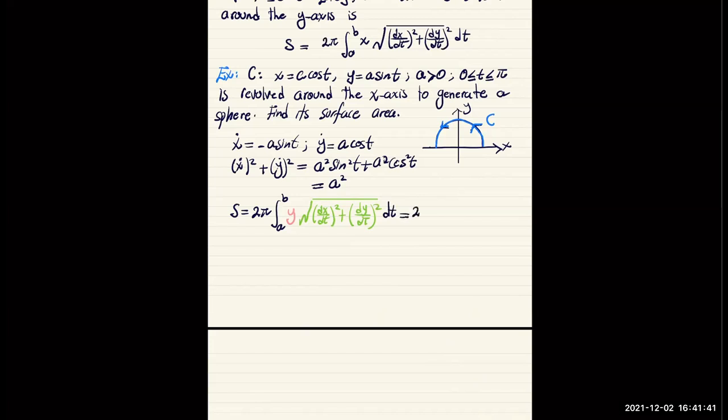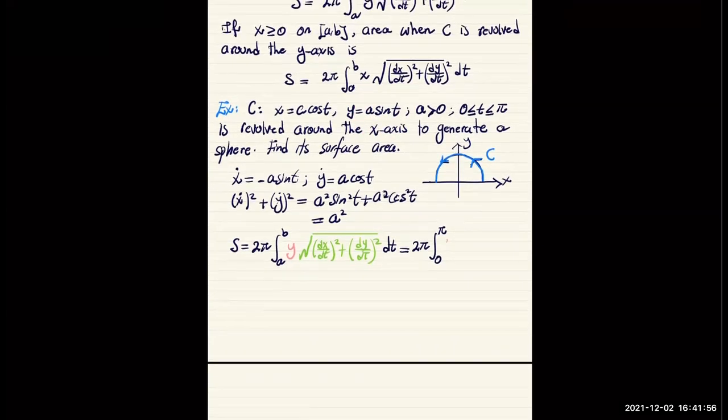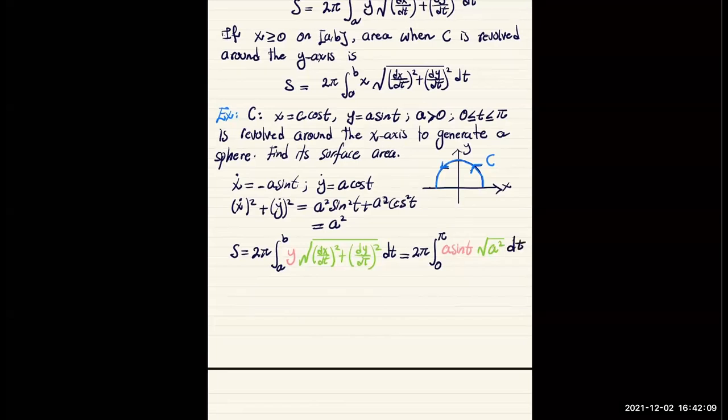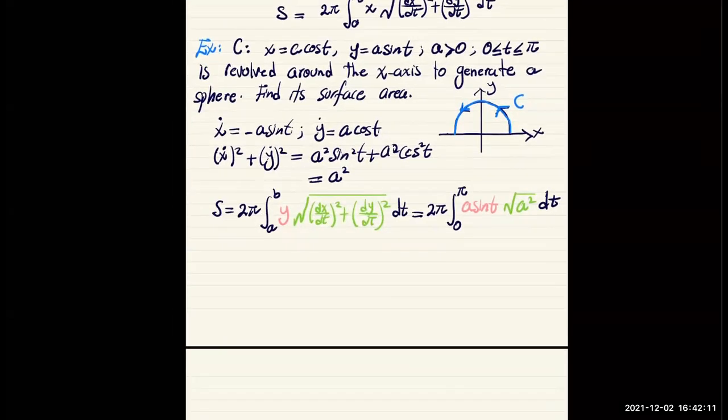So we have 2 pi. The integral is going from 0 to pi. Y here is right there in front of you. Y is a sine t. And we have the square root of a squared. Not a bad integral at all.